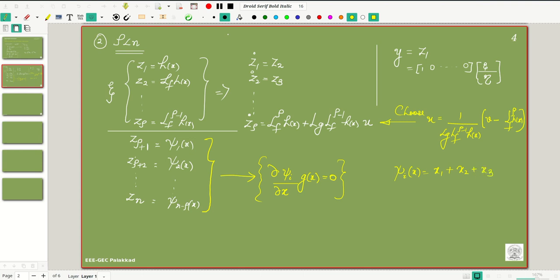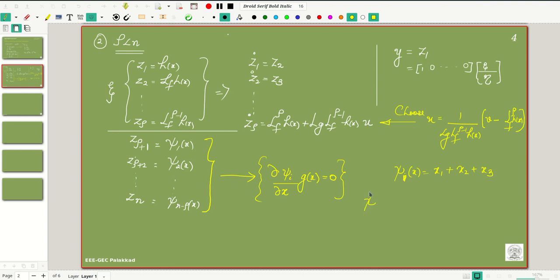What is the condition imposed on this psi i? Let psi 1 be equal to this. The condition on this psi 1 of x is such that if I take dou psi i of x by dou x into g of x, that term will be equal to 0.